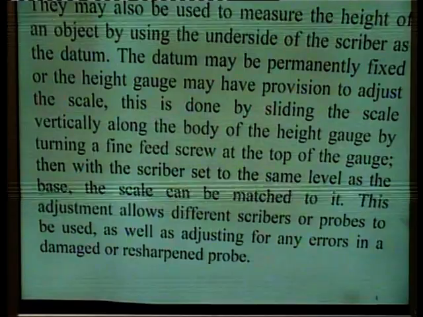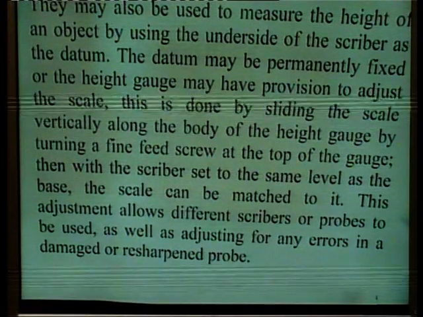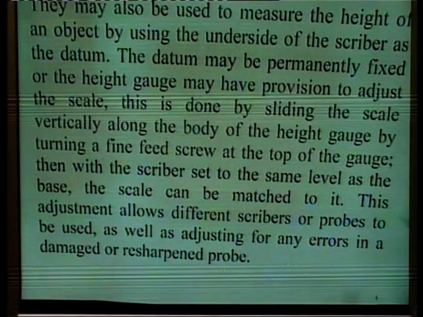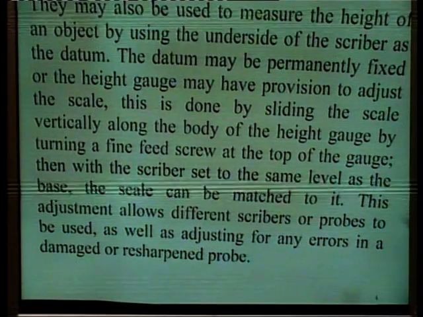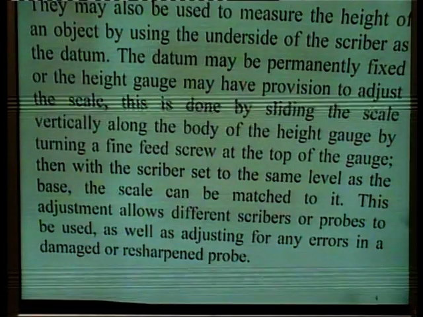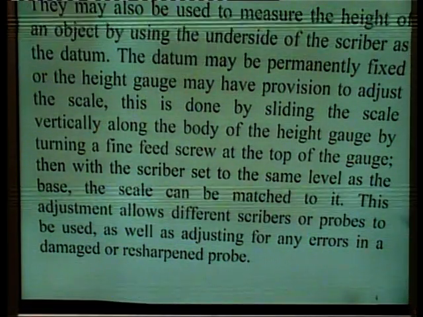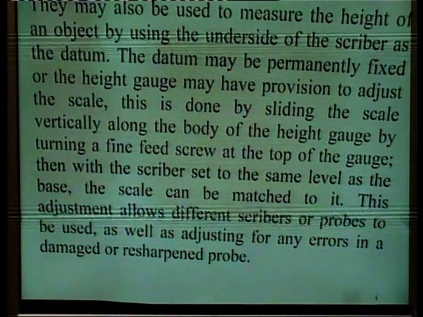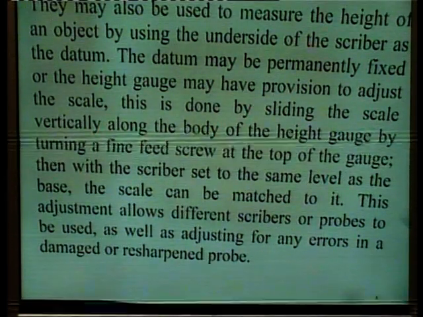Then, with the scriber set to the same level as the base, the scale can be matched to it. This adjustment allows different scribers or probes to be used, as well as adjusting for any errors in a damaged or reshaped probe.